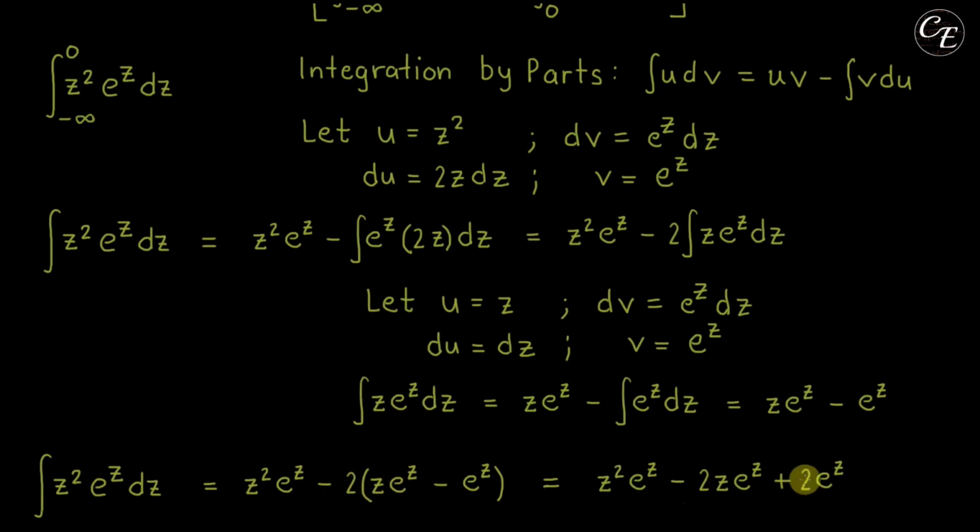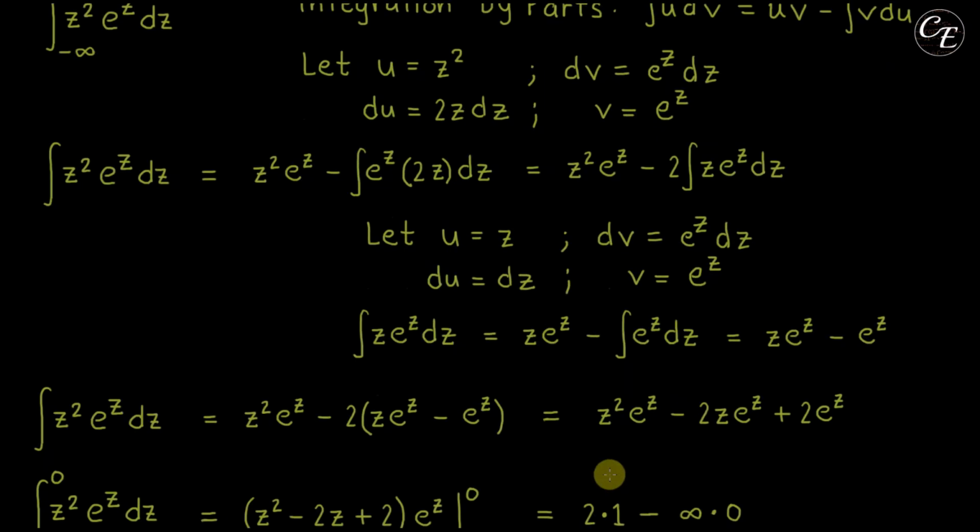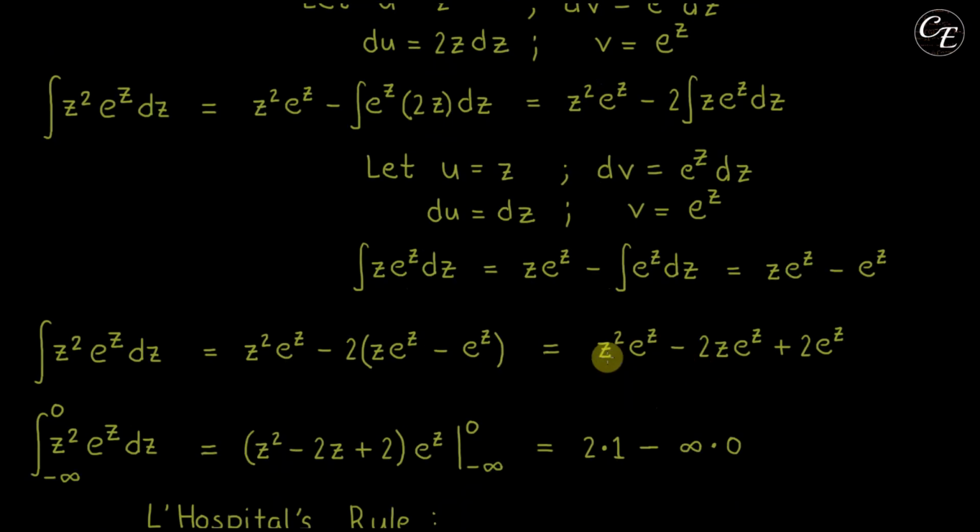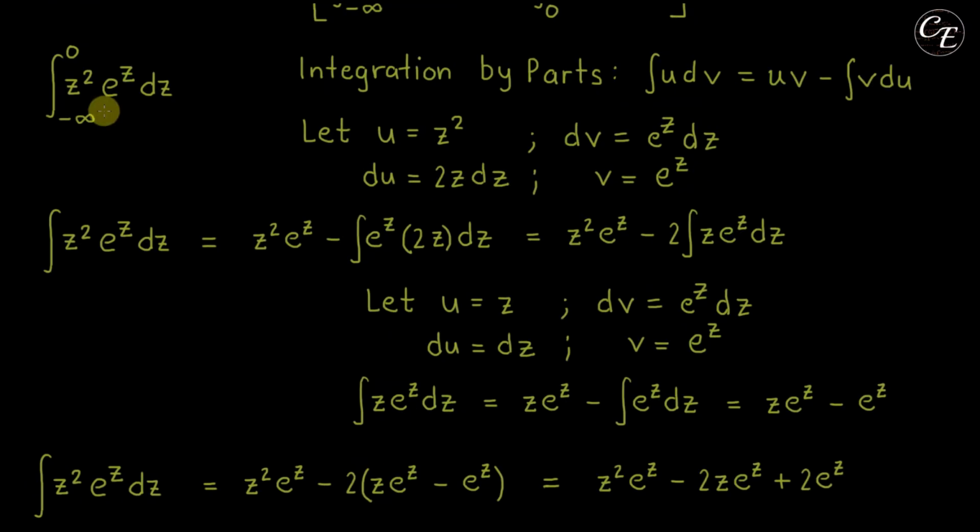And we have plus 2 e raised to z by multiplying negative 2 and minus e raised to z. Then we have a common term, e raised to z. Let us factor this expression by e raised to z. So we have z squared minus 2z plus 2 times the common term, e raised to z. Then let us bring back the limits, from negative infinity to 0.